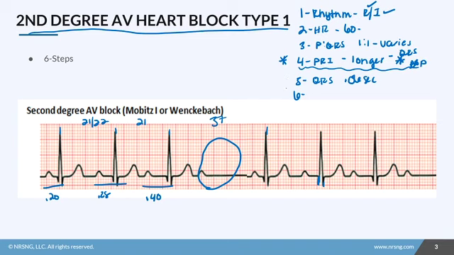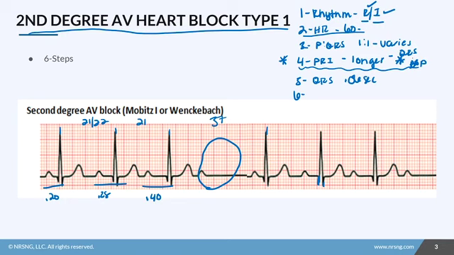So let's go ahead and recap the characteristics. The rhythm for the most part is regular, but it can be irregular when the QRS is dropped. The rate varies depending on the underlying rhythm, but because it's a block, it will usually be lower than normal heart rate, or it will be very bradycardic. The P to QRS ratio varies, and we usually have a 1-to-1 until the QRS is dropped.